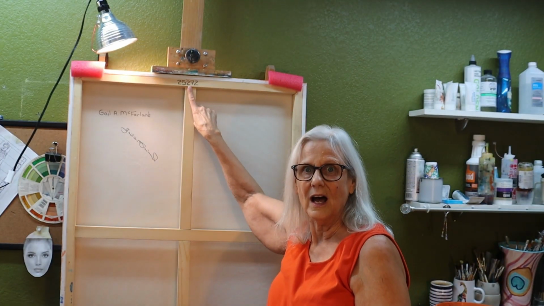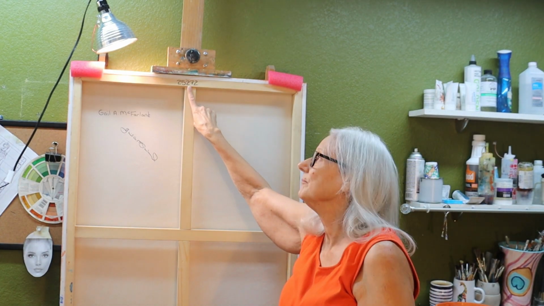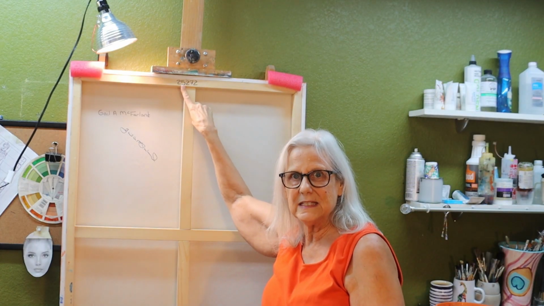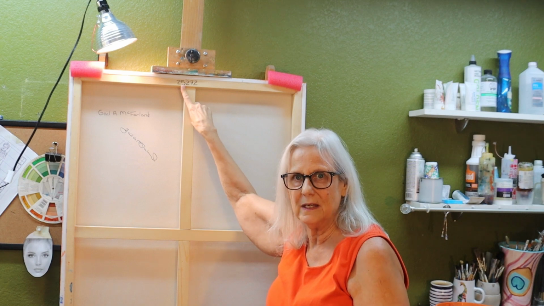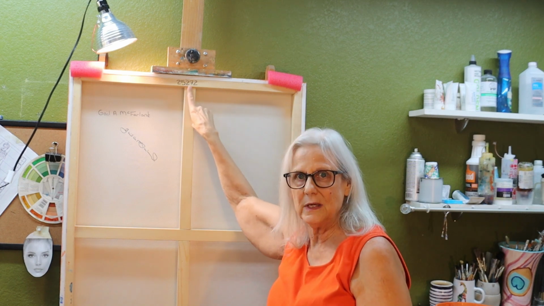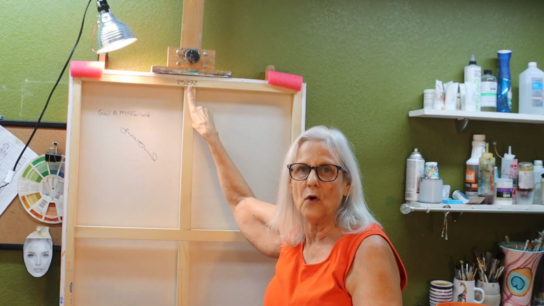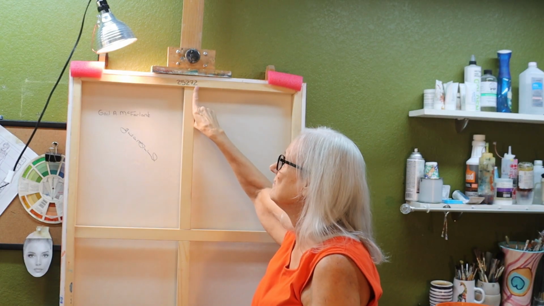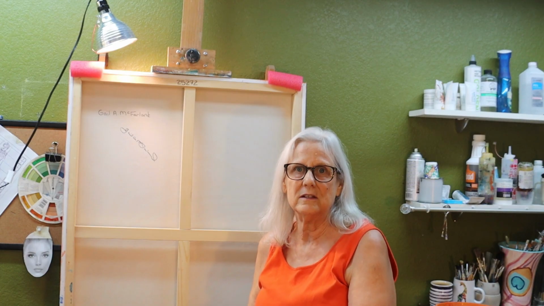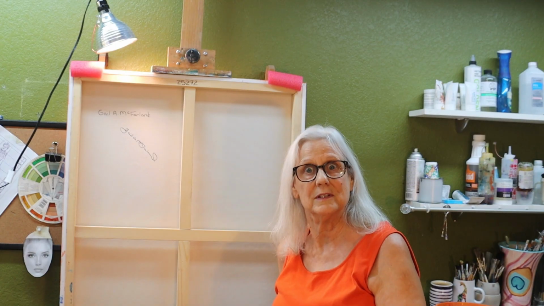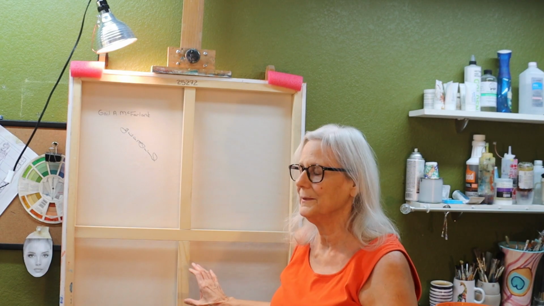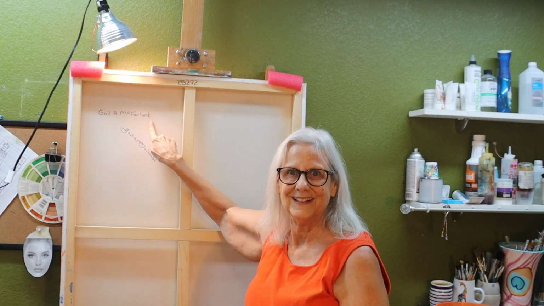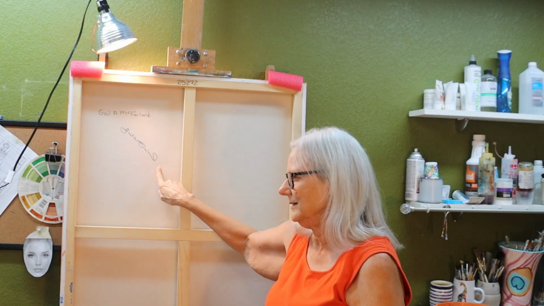Right here, I put the inventory number. The first two numbers indicate the year I painted it. The last three numbers is the order in which I painted it. So this is 272. So that is the 272 paintings I made. I print my name and then I write it.